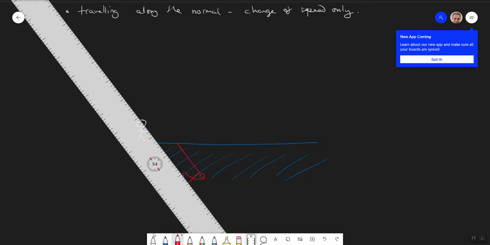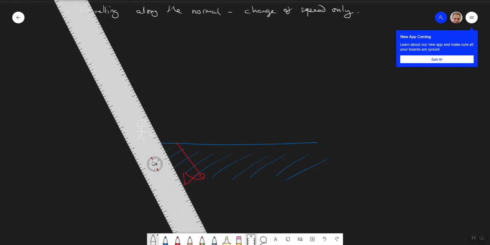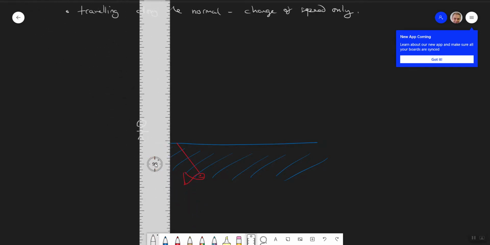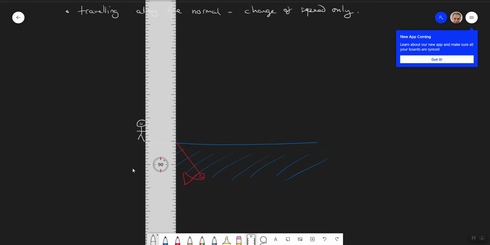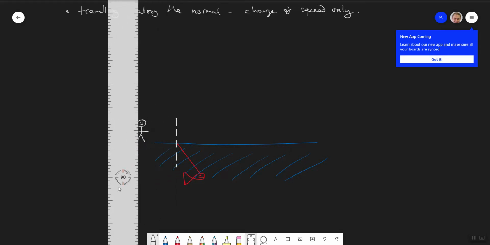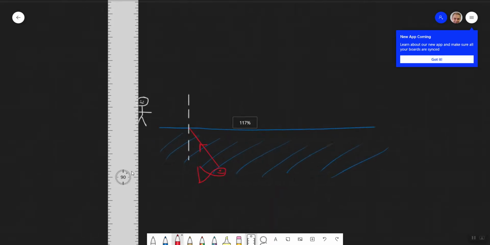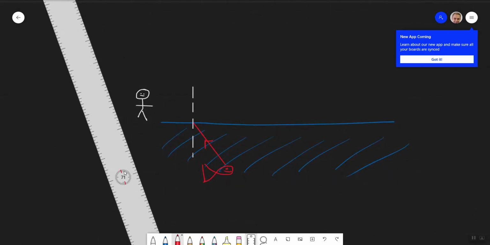Then we would have the normal, so let's draw the normal and make sure this is absolutely clear. There's our normal. Because our ray of light is traveling from a more dense medium, where it's slow, to a less dense one, where it's fast, it's going to bend away from the normal, which is then going to take it towards our eyes.